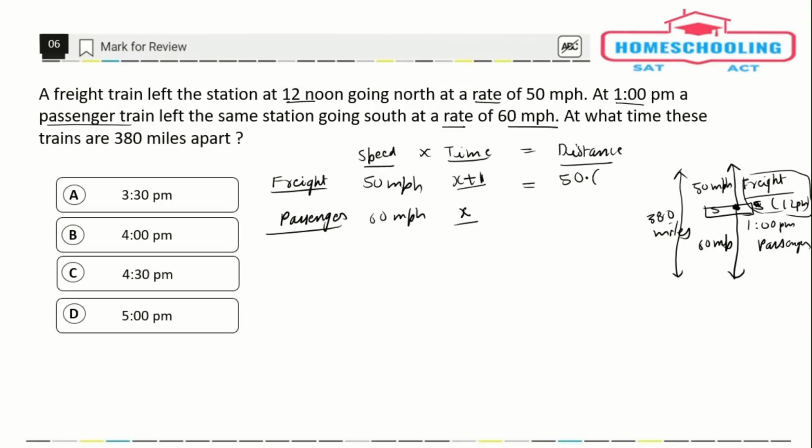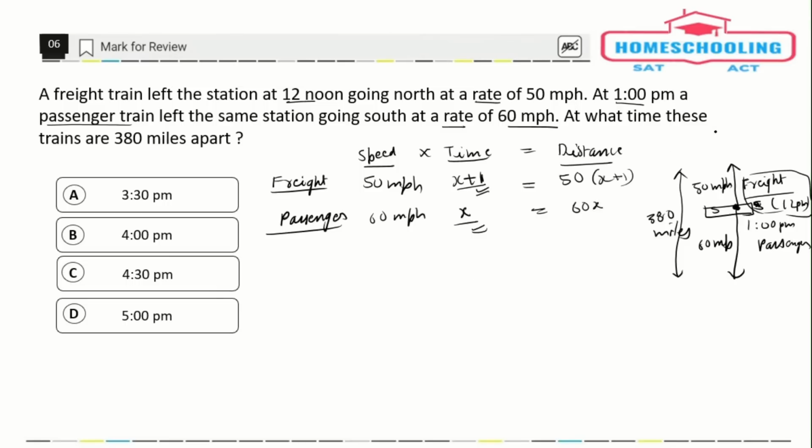Sorry, I made a mistake here, but both of them are correct. So the freight distance can be written as 50 times x plus 1, and the distance traveled by the passenger is 60 into x, that is 60x.